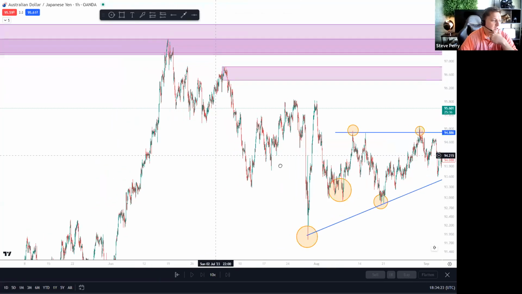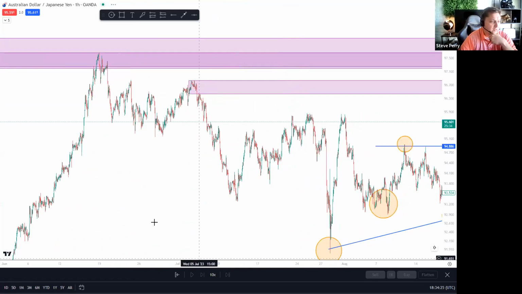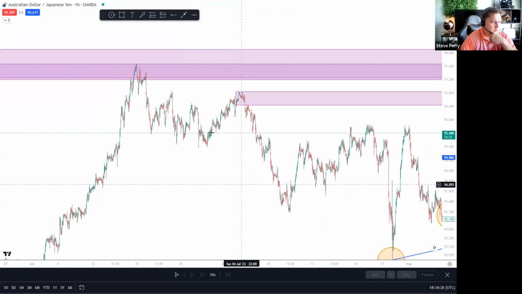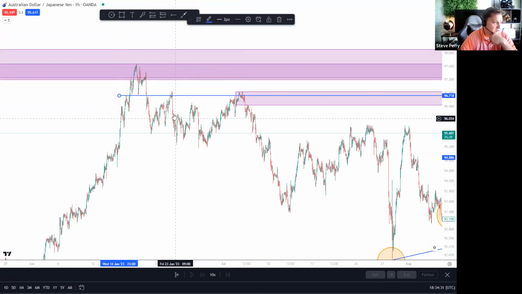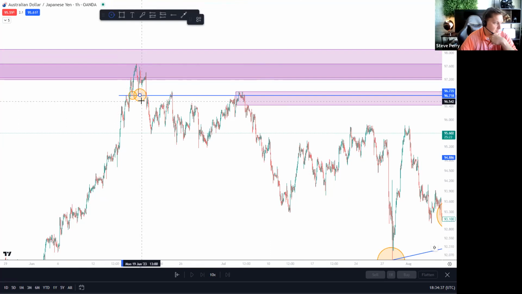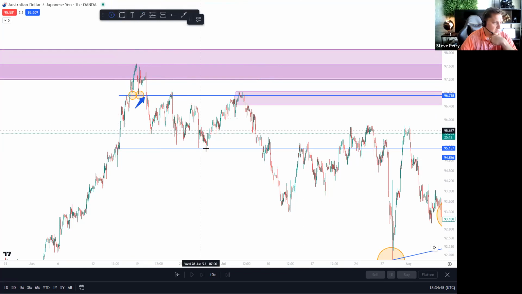Why? Because whatever happened up at these two points ultimately broke major structure points right here. So you had a structure that was created right here, and the market broke beneath that. Right here, you had a major structure point, and the market broke beneath this. Here's your break.